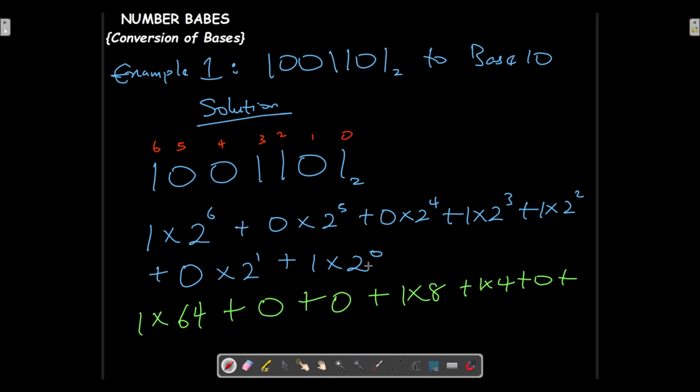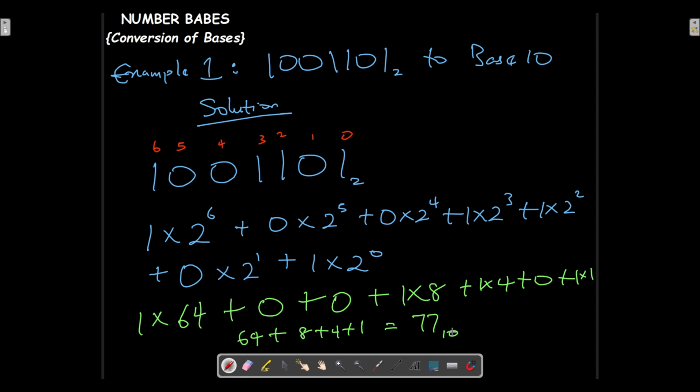Anything raised to power 0 is 1 except 0 itself. So plus 1 times 1. So this gives us 64 plus 8 plus 4 plus 1, which is equal to 77.